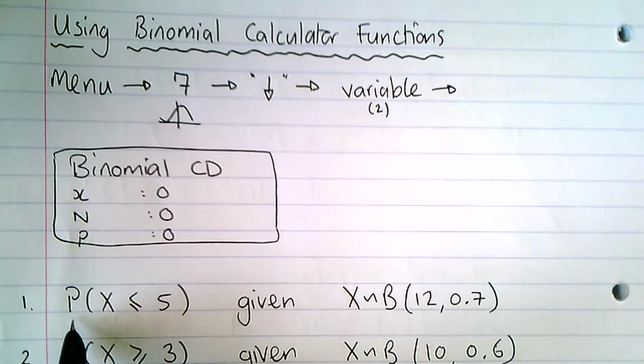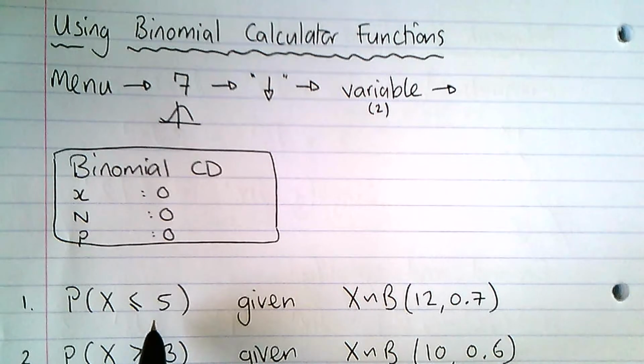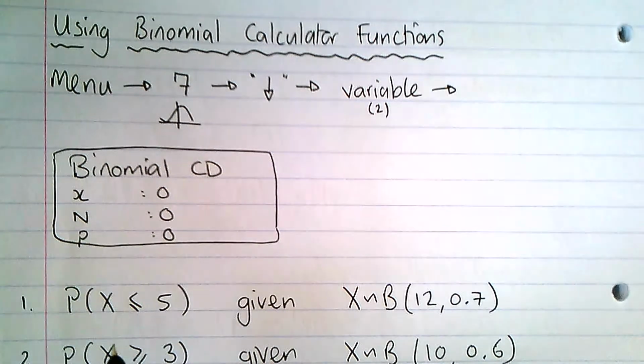Here it wants the probability that x is less than or equal to 5, so we need to work out 5, 4, 3, 2, 1 and 0. That's 6 probabilities that we would need to work out manually. That's not impossible. I'm fairly sure that if I asked you to do it, you could, and if we were in class I would probably ask you to do this first as a starter task, and then you'd all complain that it was a pain and you didn't like doing it that way.